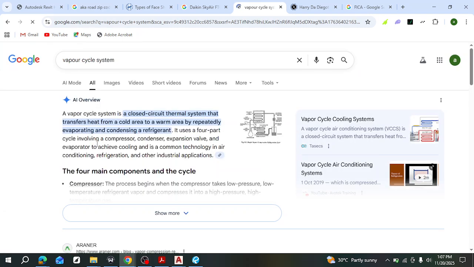Okay, yeah, it's called the vapor cycle system. It is used in refrigeration and in air conditioning. It's for either cooling or heating, but let's talk about cooling.